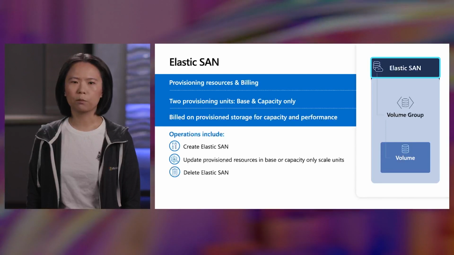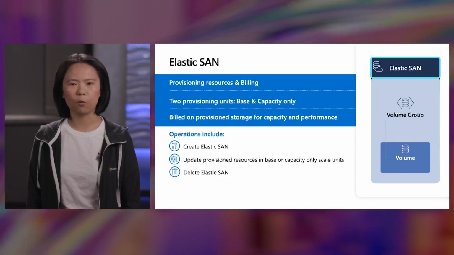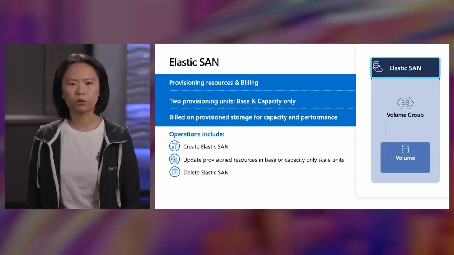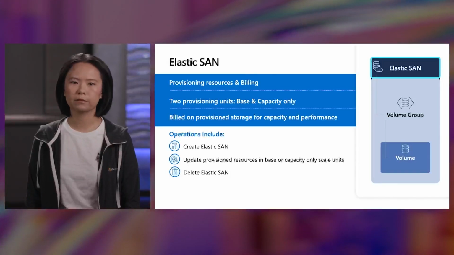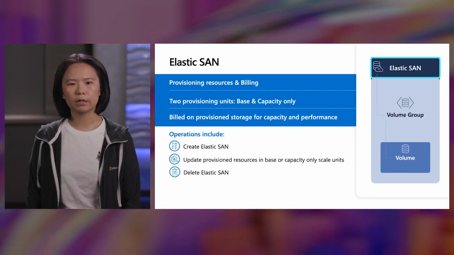Base unit gives you both capacity and provisioned performance, whereas capacity-only units allow you to pay for capacity only at a lower price point. It is important to note that provisioned resources on the SAN level are shared across all volume groups and volumes.